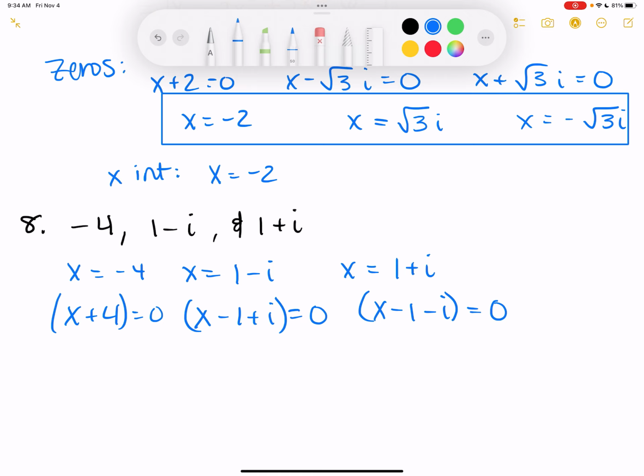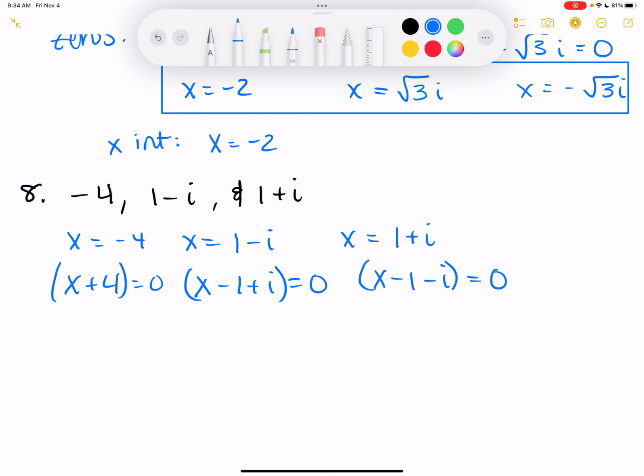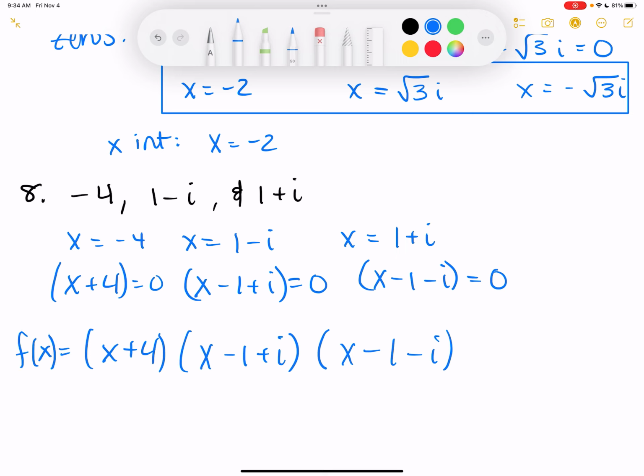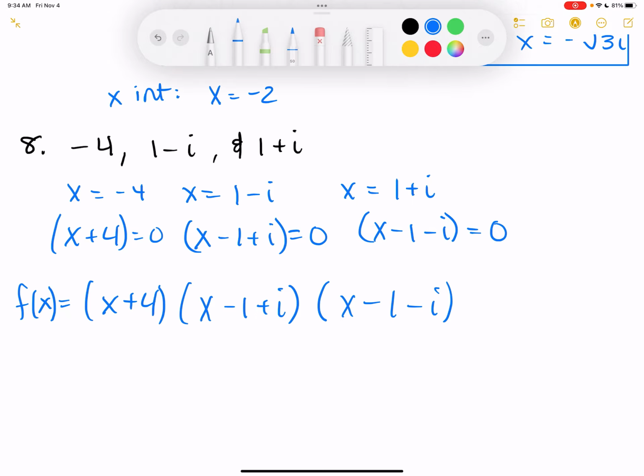So I have x plus 4 times x minus 1 plus i times x minus 1 minus i. Then you need to multiply through. I would probably do these two first and then do the x plus 4 last. Not that it matters, but I think it might make it a little bit easier.